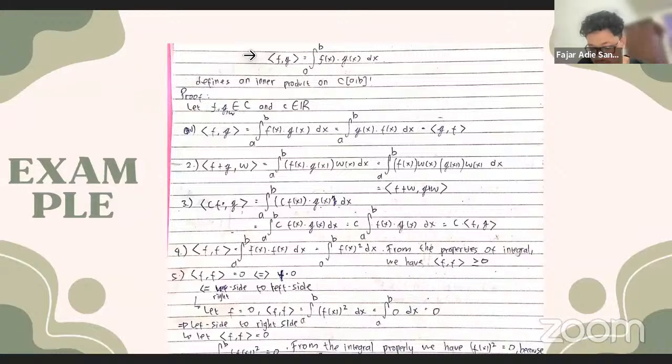So we need to prove, let's say we have f, g, h belongs to C, where C is C[a,b], and c belongs to real numbers.